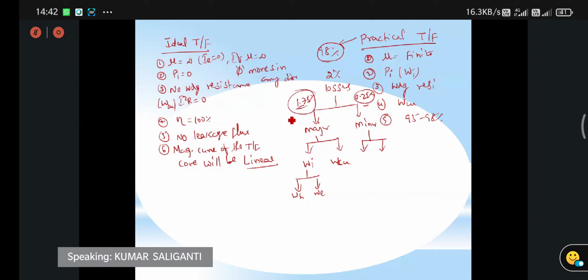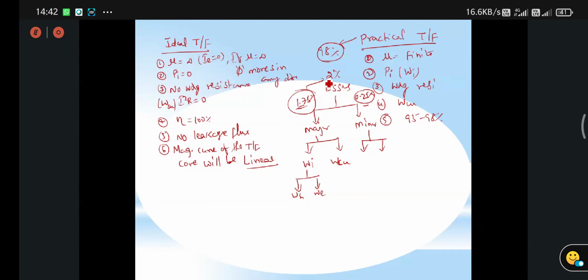In iron, again, there are hysteresis losses and eddy current losses. Out of the 2%, the major losses are 1.75%, and the remaining 0.25% is minor losses.